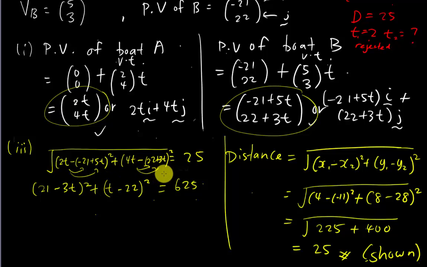Then of course I will need to expand this one. This one should be 441, and it's not plus, it's minus 2ab. 2 times negative 6 will be negative 126t.